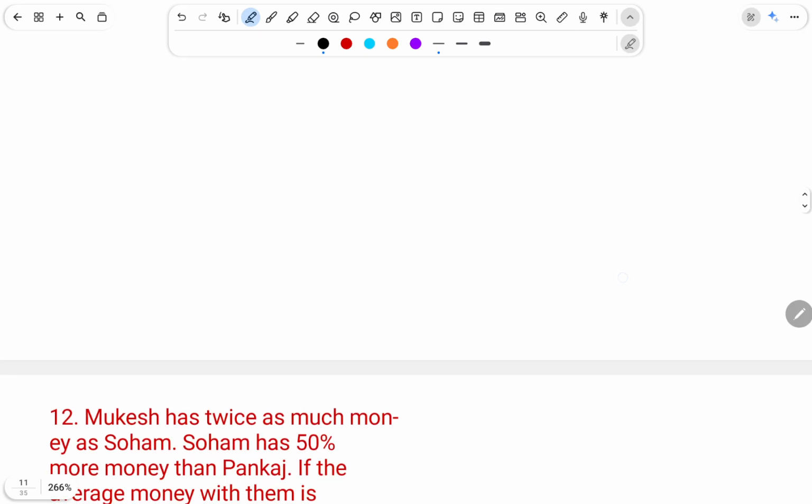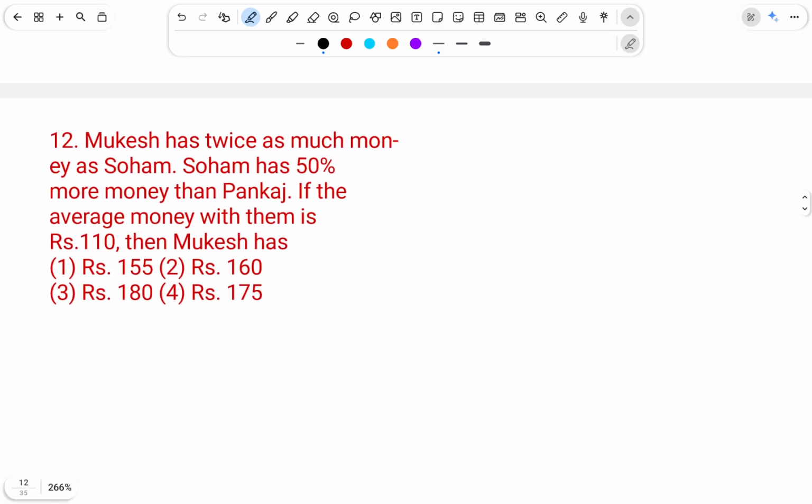Next, Mukesh has twice as much money as Sohan. Sohan has 50% more than Pankaj. If the average money with them is 110, then Mukesh has? So first Mukesh, Sohan, Pankaj.